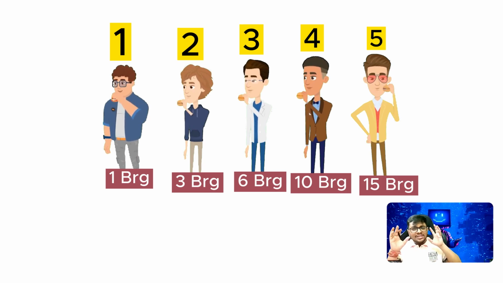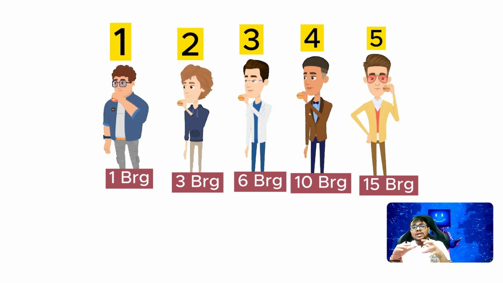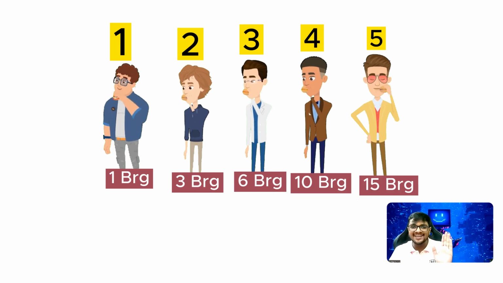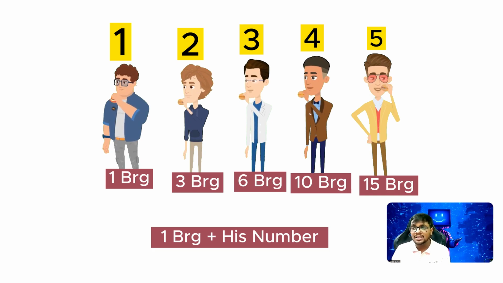Now imagine that these 5 people are standing in a queue and Domino's gave them an offer that you would get a garlic burger, whatever it is, based on your number and the total number of burgers in front of you. So here it is 1. He's standing on position one, so he got 1 burger. The first person starts with 1 burger. Then the second gets 1 plus his number.